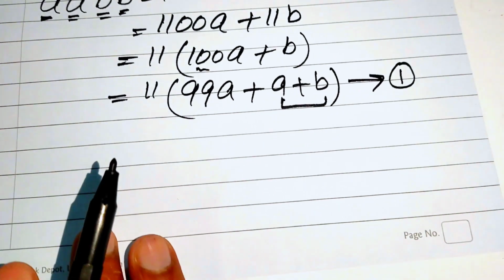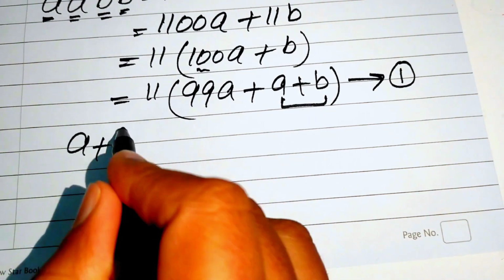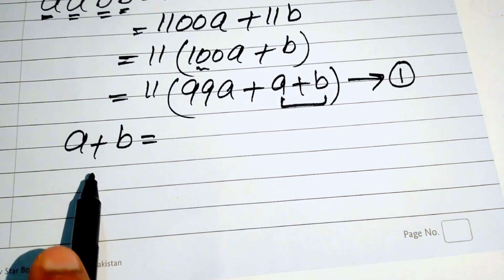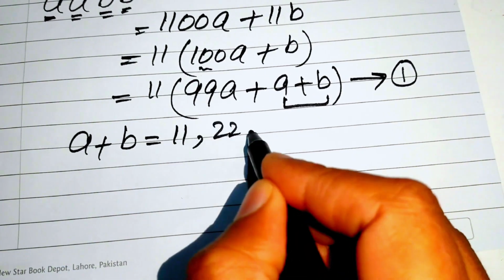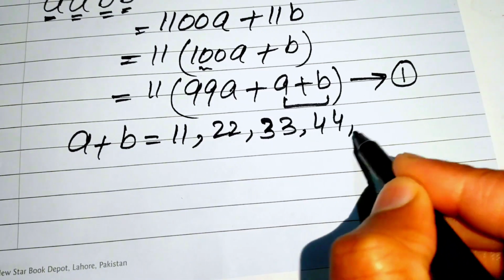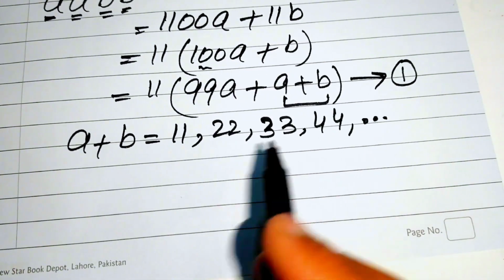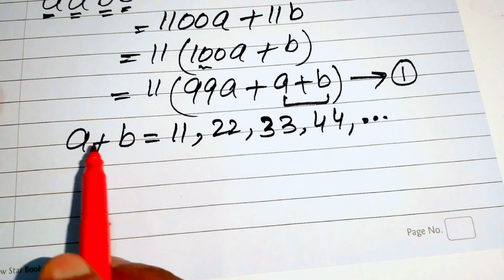Now we can find A plus B. We know that A plus B is a multiple of 11, and multiples of 11 are 11, 22, 33, 44 and so on. Now we check which of these numbers A plus B is.